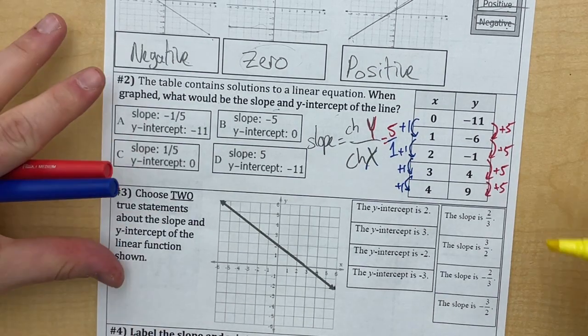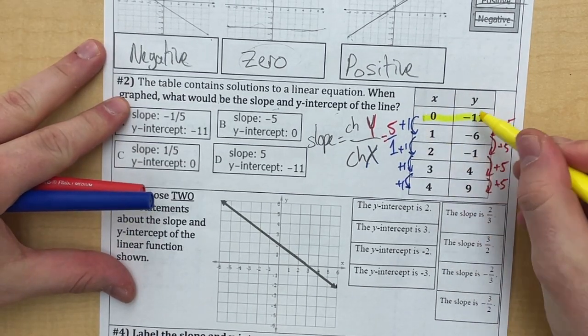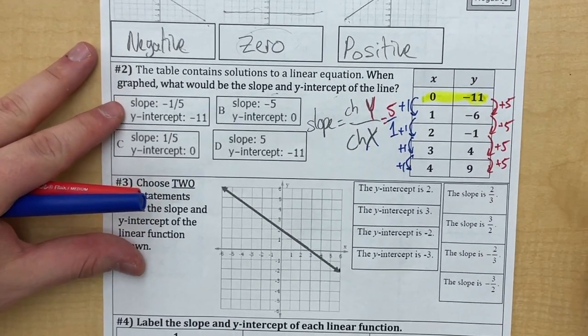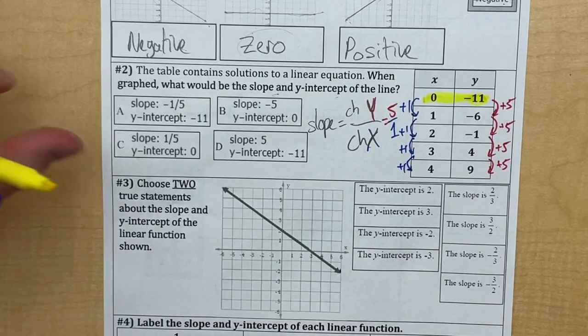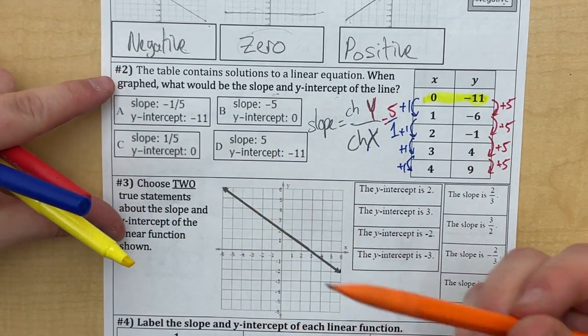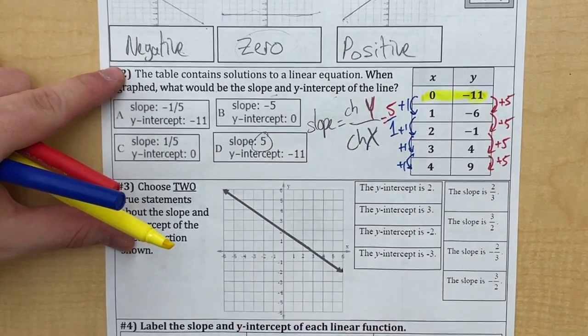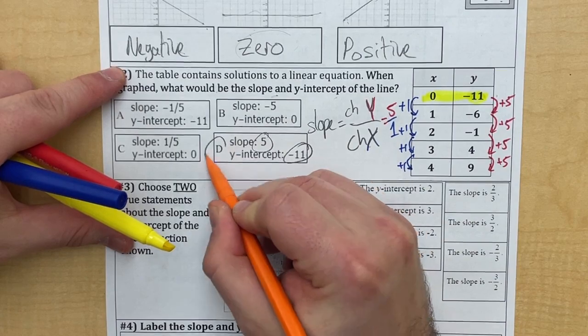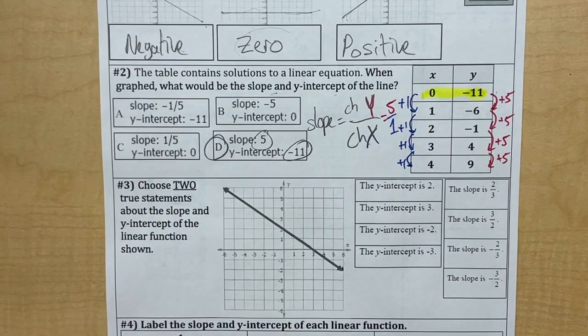Whatever that y value is, your y-intercept. So for this one, we're going to say our y-intercept is going to be -11. So that means for this number 2, I would say my slope is 5. So the only one that has 5 as their slope is also the one that has -11 as our y-intercept. So we're going to say D for that one.